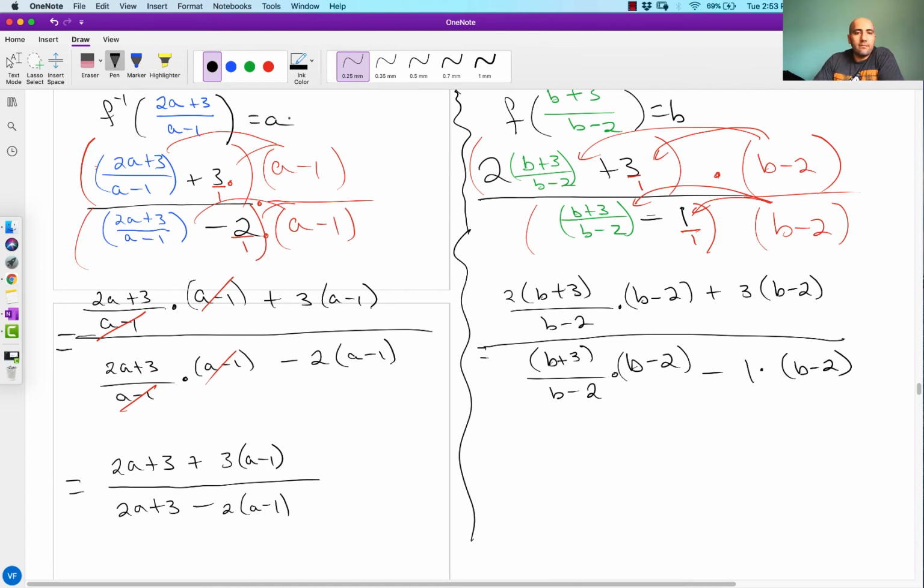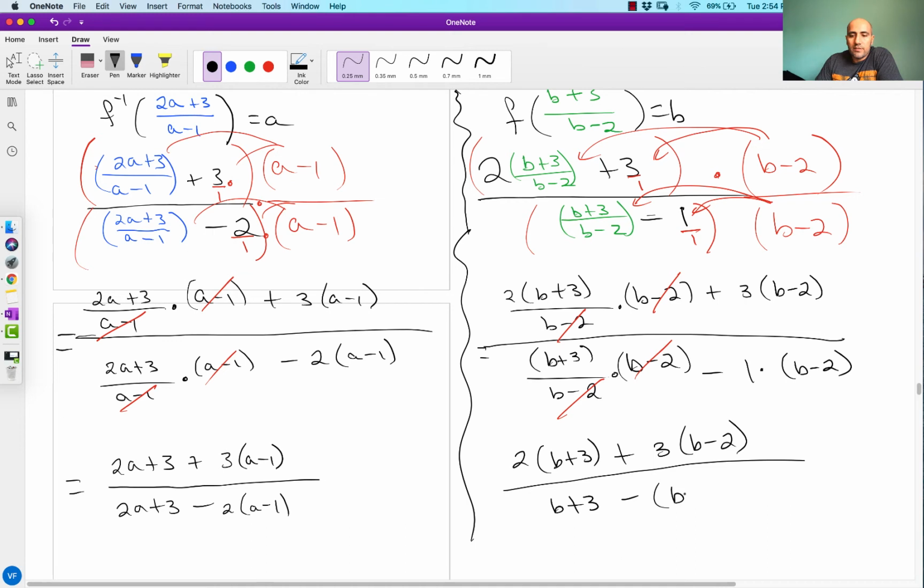On this side, luckily, these guys will cancel, and these guys will cancel, giving me 2b plus 3 plus 3b minus 2, all over b plus 3 minus, parentheses, b minus 2.